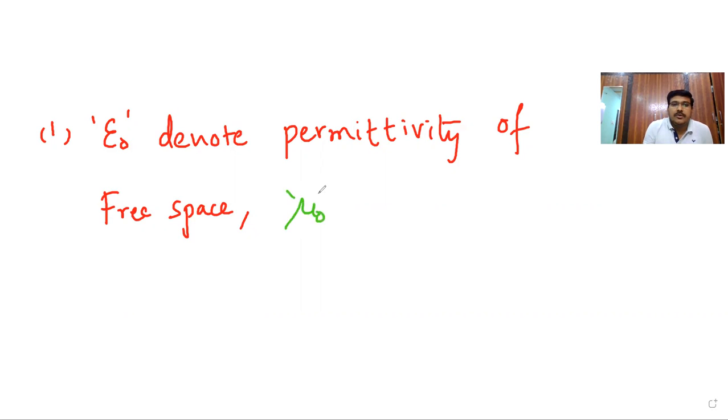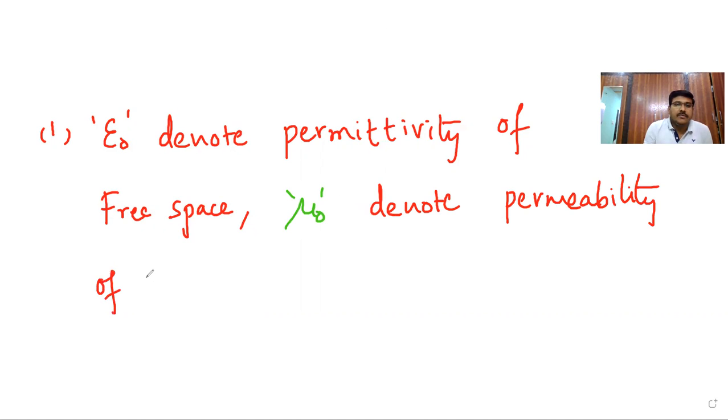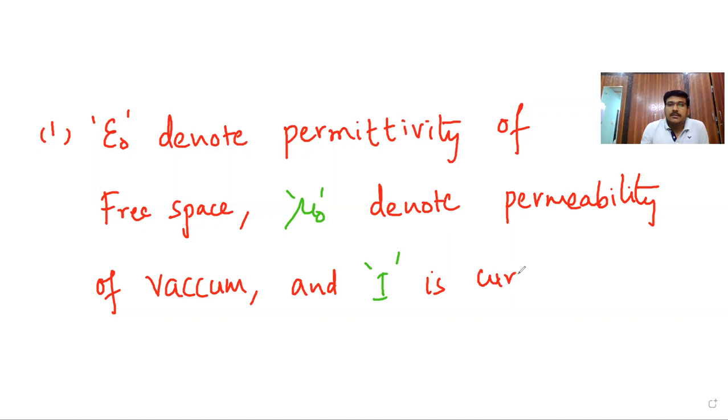Mu naught denotes the permeability of vacuum, and I is current.